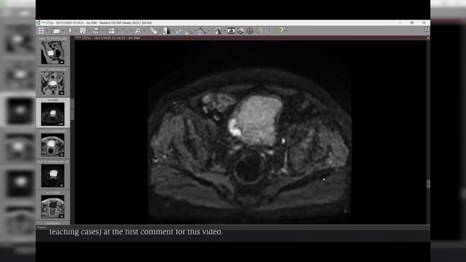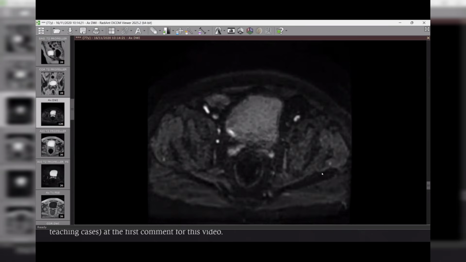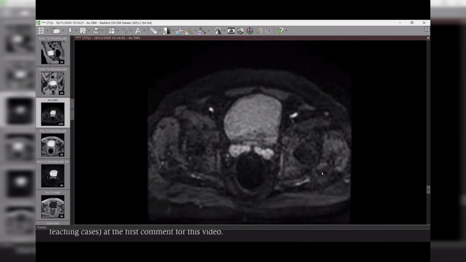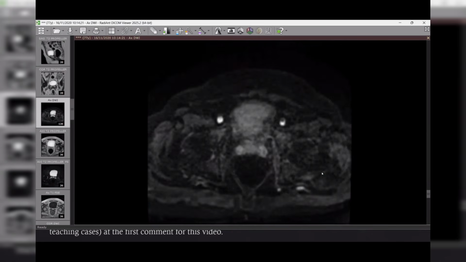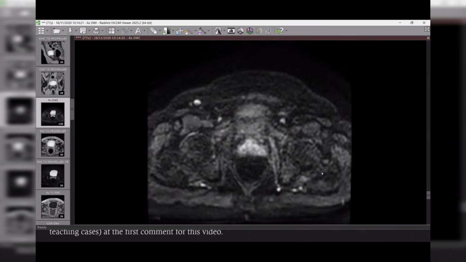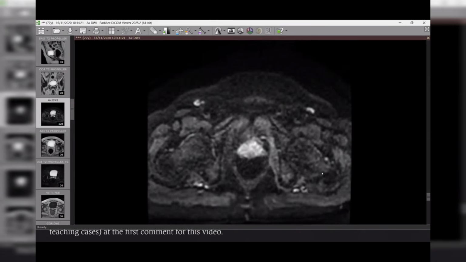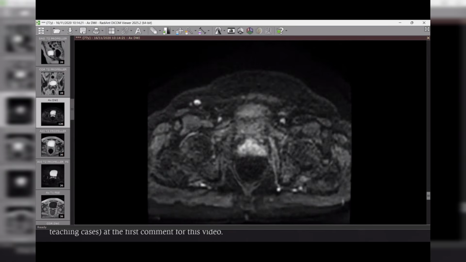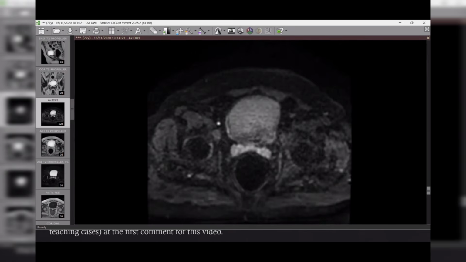I can appreciate some diffusion restriction. So based on these images, my first suspicion is bladder carcinoma, which is invading the wall and also invading the seminal vesicles.